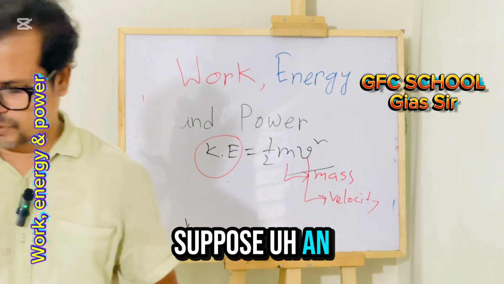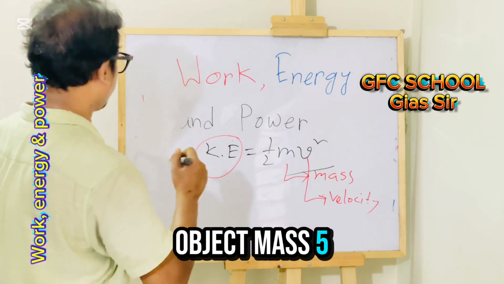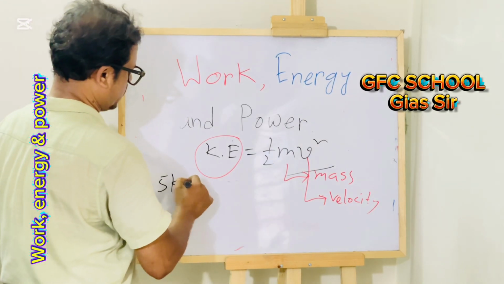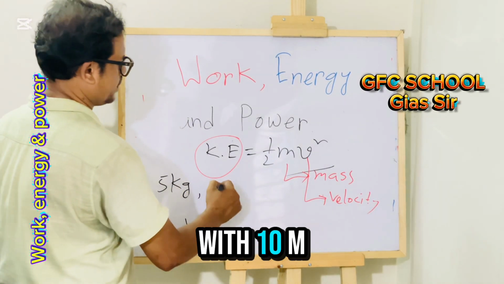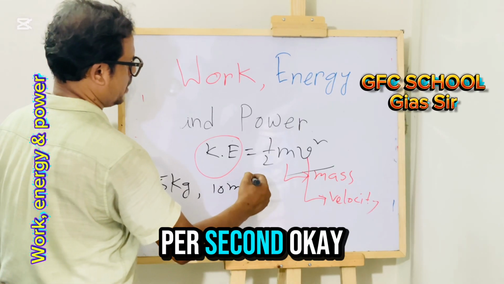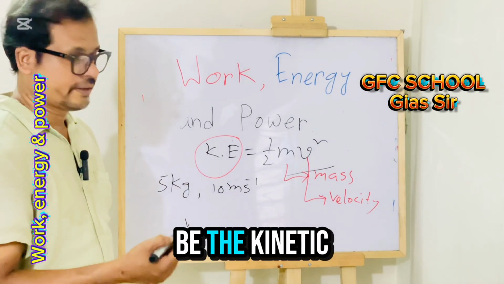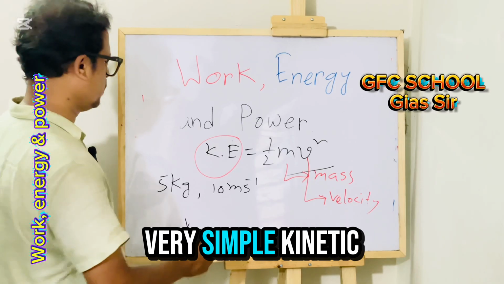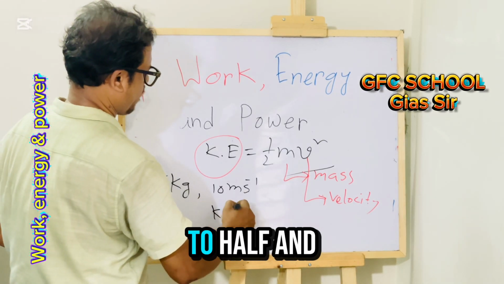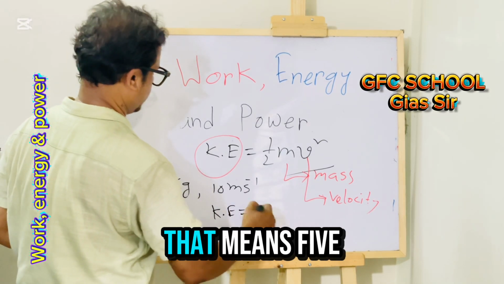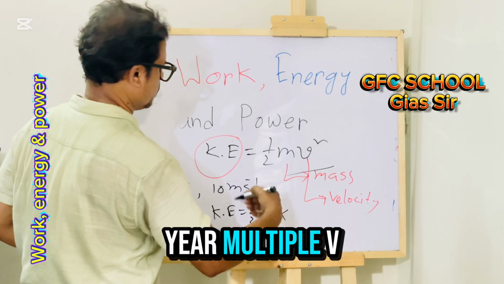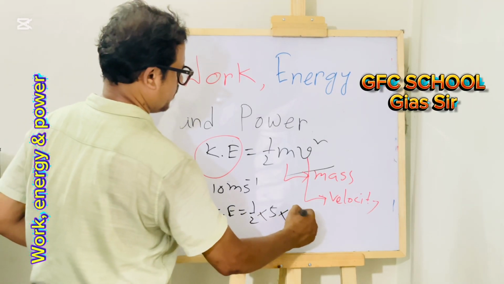Suppose an object has mass 5 kg, and it is moving with 10 meter per second. Okay, then what will be the kinetic energy? Very simple. Kinetic energy equals half mv squared. That means half of 5 multiplied by v squared, that is 10 multiplied by 10.